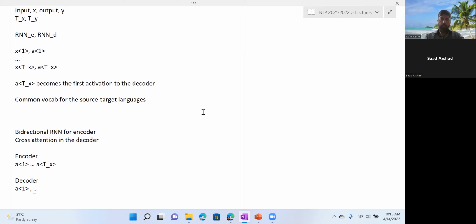So now the attention is between this A1 of the decoder and all of the outputs of the encoder. Okay? So we want to determine how relevant is this A1 in comparison to the outputs of all the steps in the encoder.